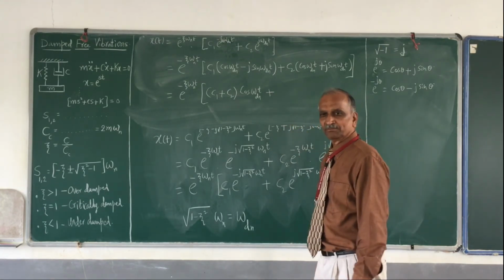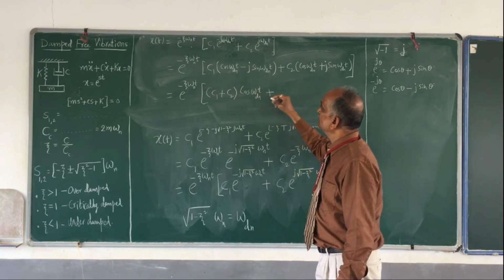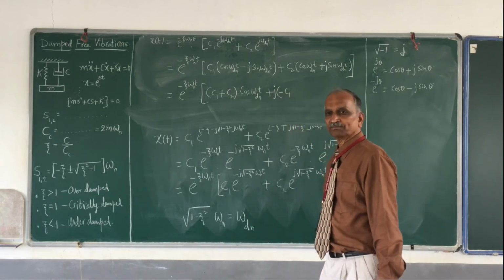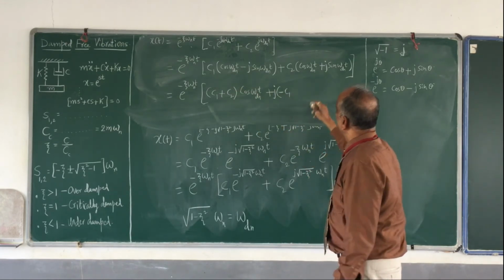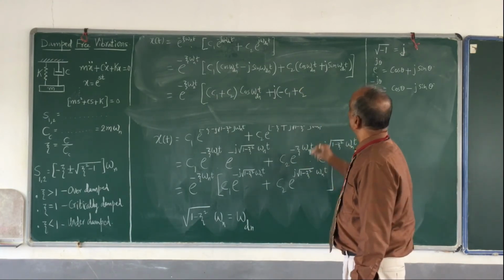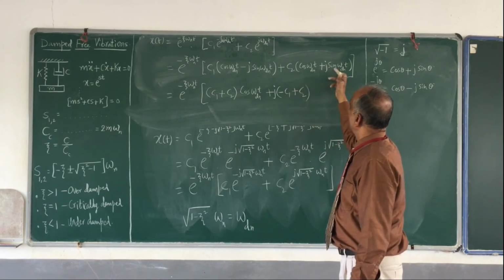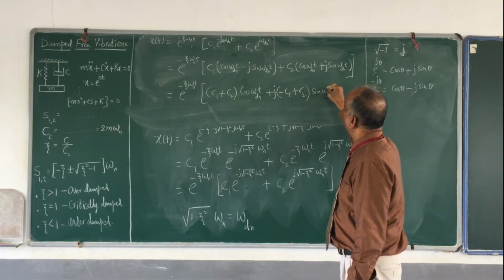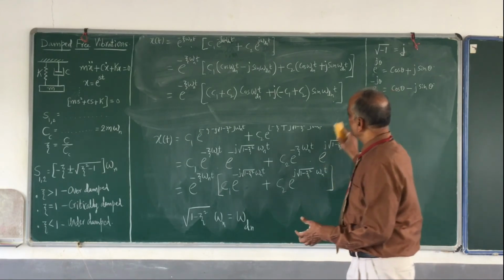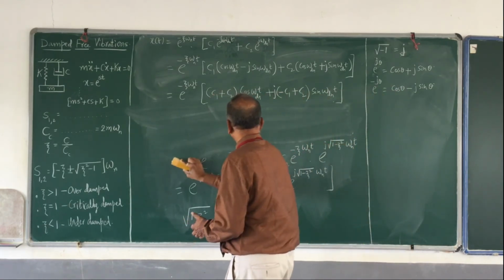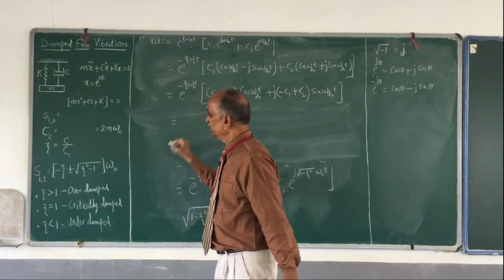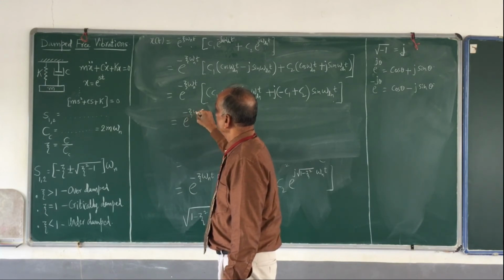Plus, I shall write it. C1 into minus j, and j I shall also take, so this is minus C1, and here C2 into j. This is plus C2 into j, into sin of omega dn into t. Okay, so now C1 and C2 are constants, and therefore e raised to minus zeta omega n t stays as it is, no change.